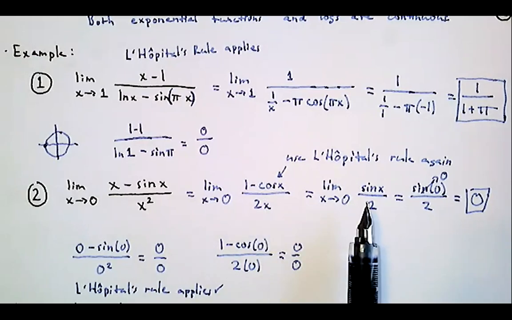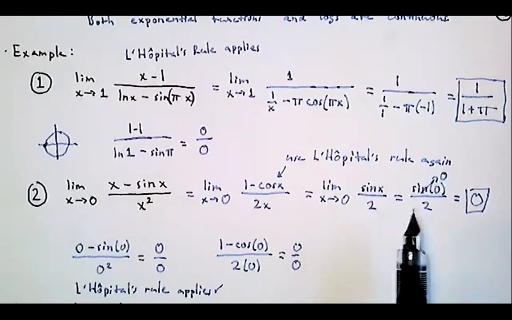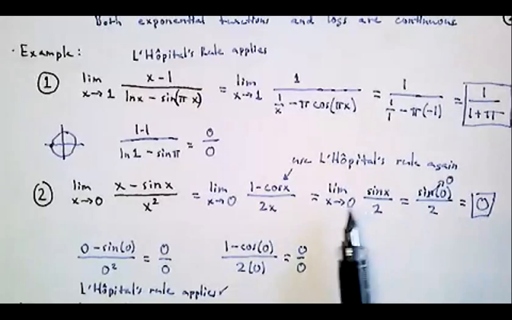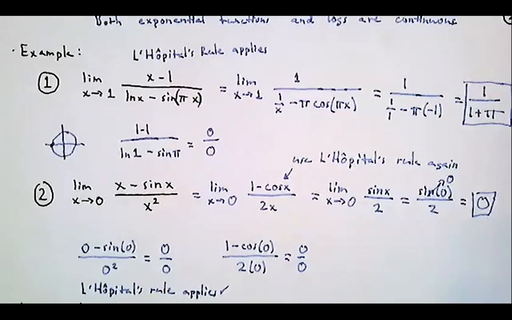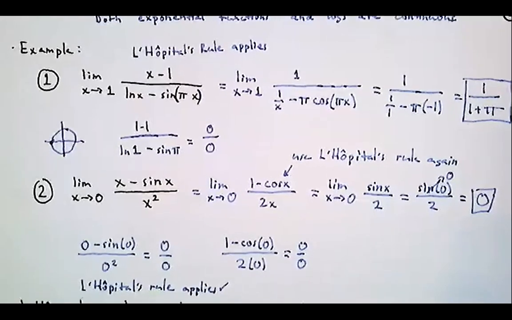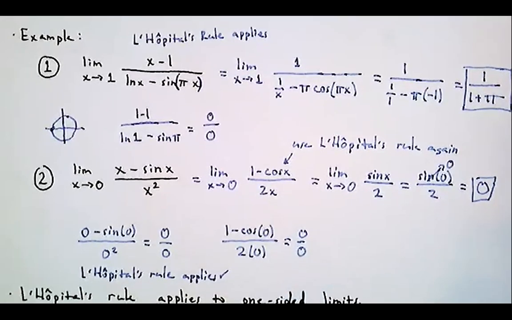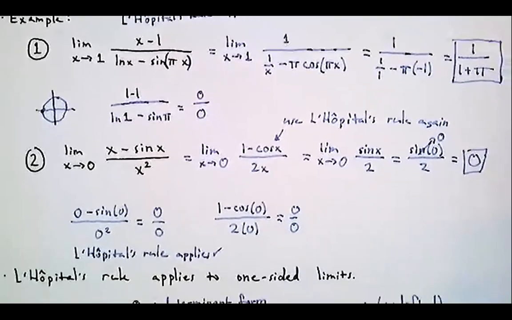So we had to take a second derivative to get sine x over 2 before we could actually find the limit to be 0. And that's something that you're going to run into on your homework. You might have to apply L'Hopital's rule more than once.